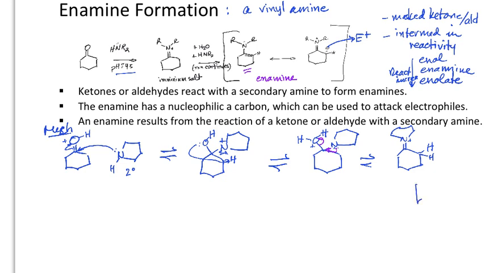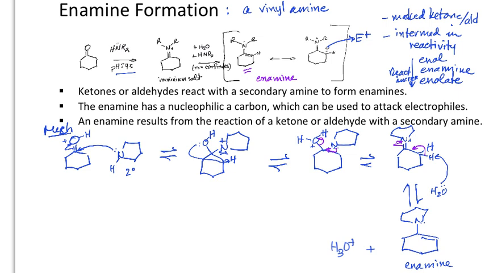And so what happens next is perhaps it's the water that was lost even that can take a proton, and then those electrons will swing in here, and we'll be left with our ene, because once those move in, these will move out to the nitrogen, and so we'll be returning those lone pairs to the nitrogen, and we get our enamine. So that plus our H3O plus, little bit of acid present.